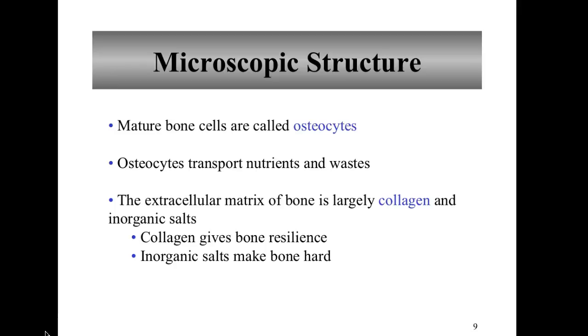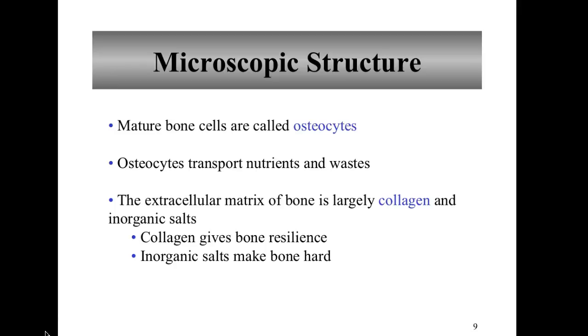Osteoblasts themselves are going to form the bone matrix by secreting collagen, and osteoblasts cannot divide via mitosis. So the osteoblasts form bone matrix secreting collagen, and the mature bone cells are called osteocytes. Osteocytes are the mature bone cells that come about from osteoblasts, and it's the principal bone cell.